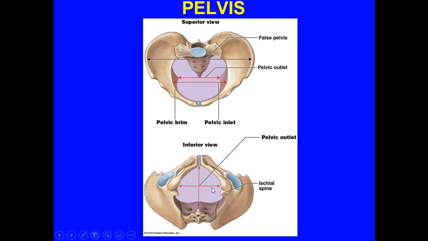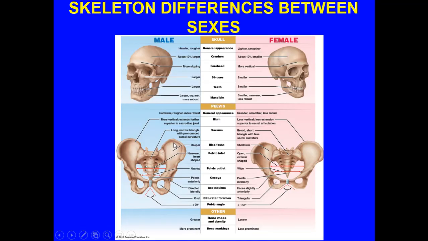These are not a bad thing because really what they are is attachment points for various muscles, etc. When you look at a comparison of male to female, you will note differences in the cranial structure, size, weight, teeth, etc. But it is the pelvis that really gives you, between the pubic angle here and the obturator foramen, the acetabulum, the coccyx, the pelvic outlet, the pelvic inlet, the iliac fossa, the sacrum, the ilium, and the general appearance.